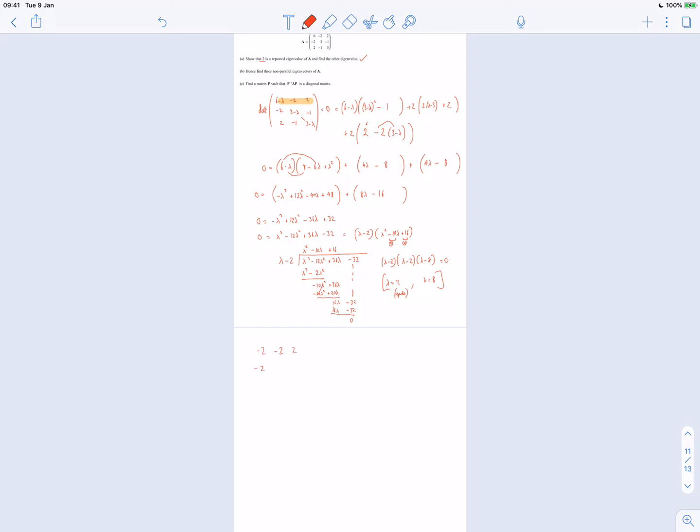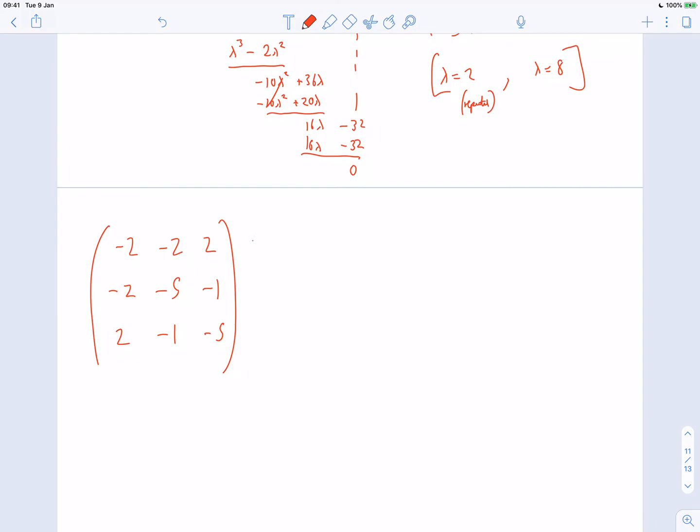And then minus 2, and then 3 minus 8 is minus 5. And this is minus 1. And then 2, minus 1, and then the 3 minus 8 is another minus 5. And then that times the vector x, y, z must equal 0. Remember, we're doing A minus lambda times the identity matrix, times x equals 0, because that's just how it rolls.